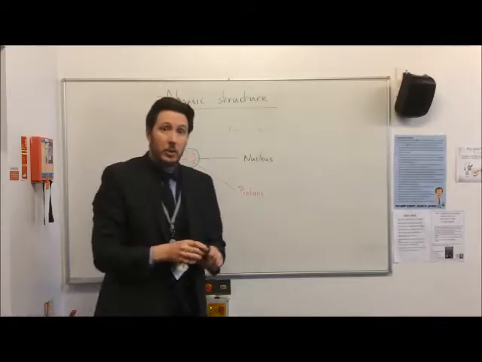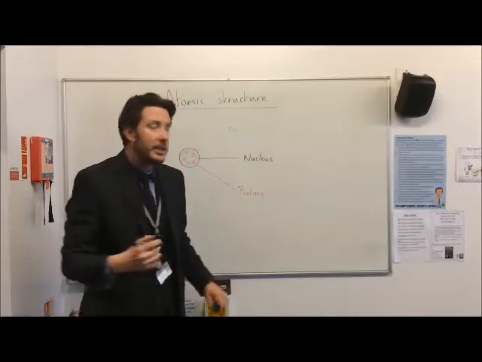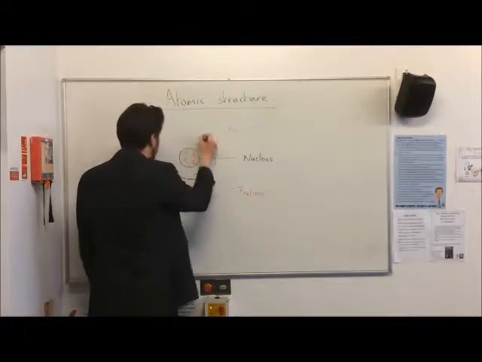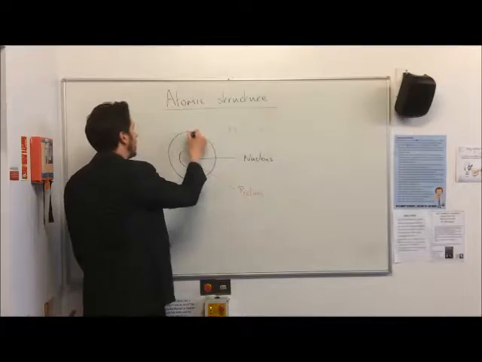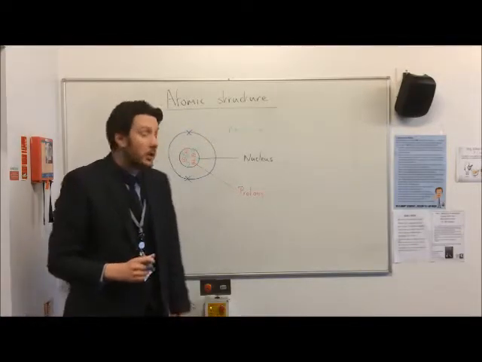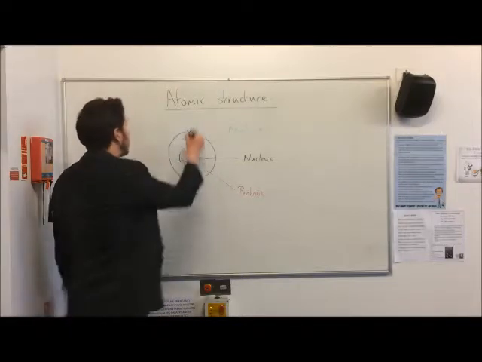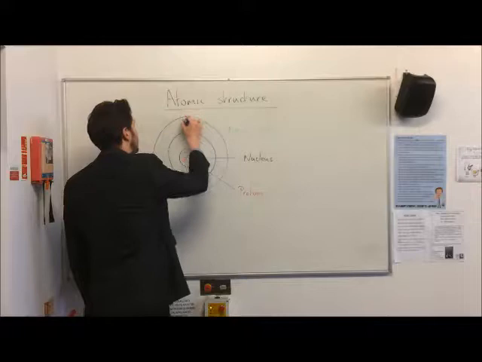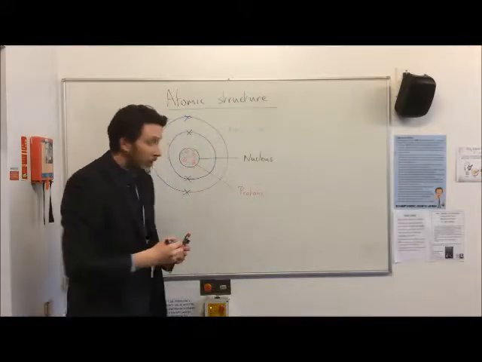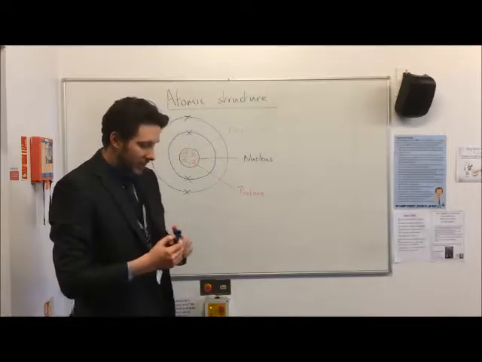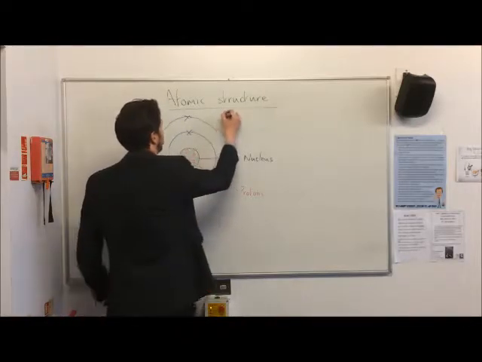And then finally, whizzing around the outside are the electrons. I'm going to go into a bit more detail on this, but we're going to have 2 in the first shell, and then we're going to have another 2 in the second shell. And there's a reason for that, and they have to follow that pattern. But these are the electrons.